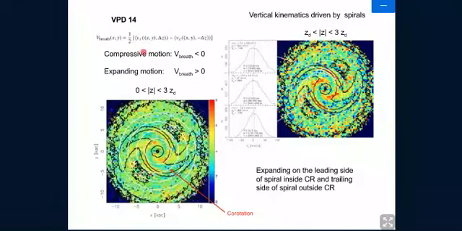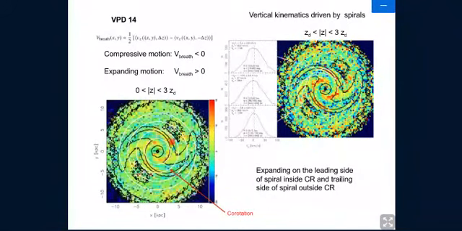So we talk about breathing motions, where we take the difference between above the midplane and below the midplane. The motions are compressive when v breathe is less than 0, and they're expanding when v breathe is larger than 0. This is for the same simulation. You can see there's yellow values here. That means there's motions that are positive, so they're expanding motions there.